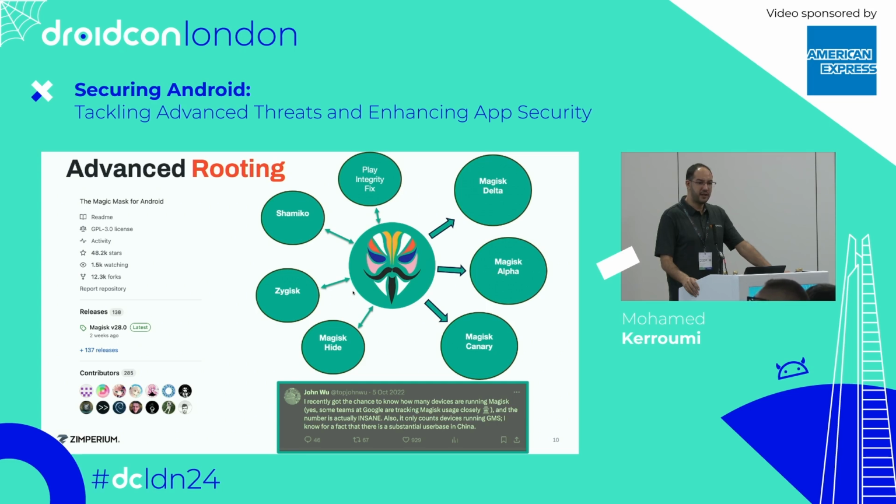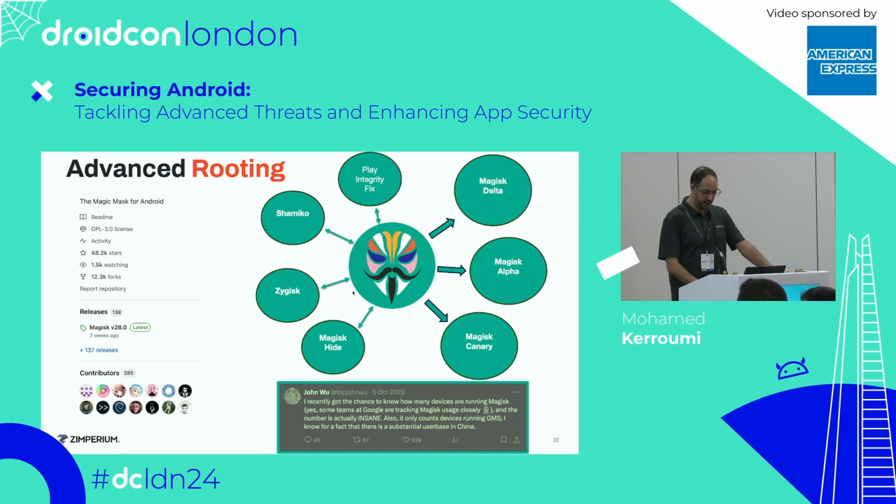It uses what we call a systemless technique. It means that before Magisk, all the tools were modifying the system partition, but Magisk will just modify the boot partition, and it will keep the system partition as it is. So it's very useful. The main thing as well is the ability to bypass root detection for specific apps.